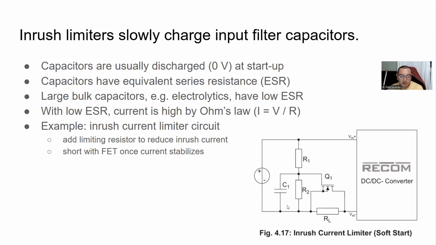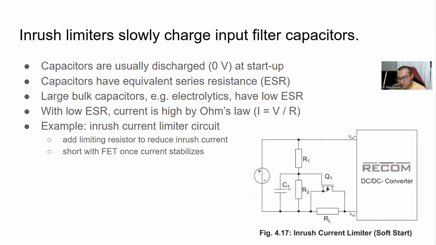And here is an example of an inrush current limiter that they use in the book. The basic idea is that initially, this capacitor voltage is zero, so this transistor, this MOSFET, will be turned off, the gate will be basically zero, and the capacitor will initially charge through R1 and through R_L. So this current limiting resistor, R sub L, is slowing down the current that's being used to charge this capacitor.